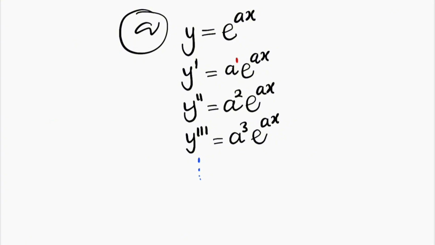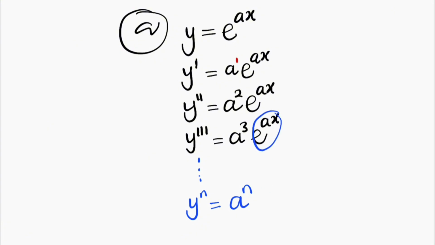So if you go down, down, down up to the nth derivative, we don't know exactly which n it is. It could be the 100th derivative or 1000th. The representation will be a to the power of n, because this 3, this 2, this 1 are equivalent to the number of derivatives. So since we are in the nth derivative, a will take a power of n.